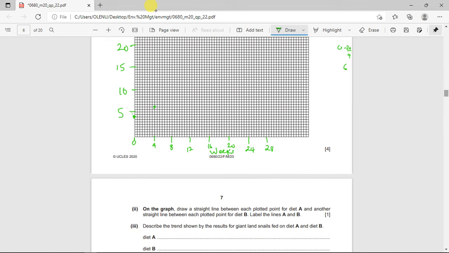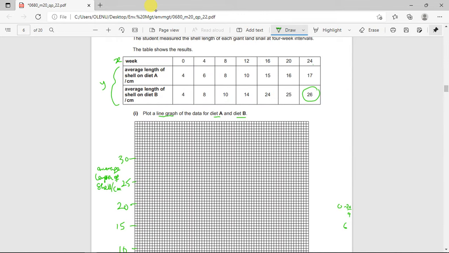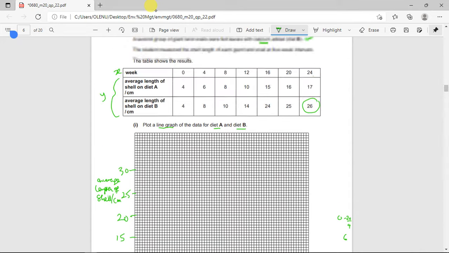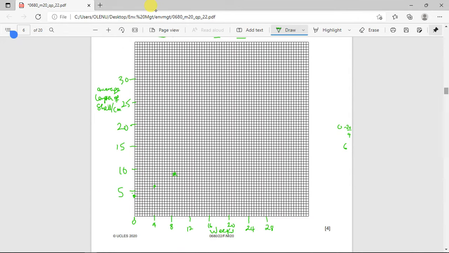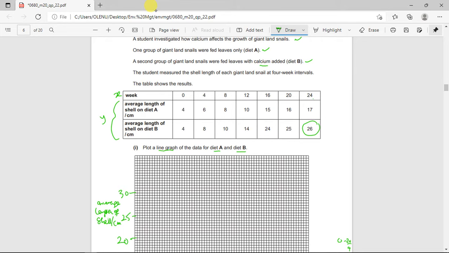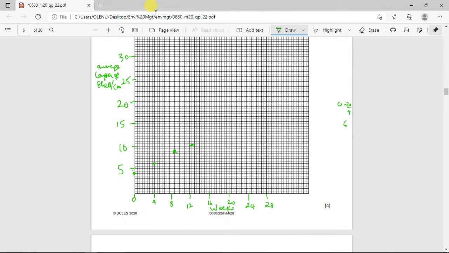Remember, we are plotting for A. At 8, A is 8. At 12, A is 10. At 16, A is 15.